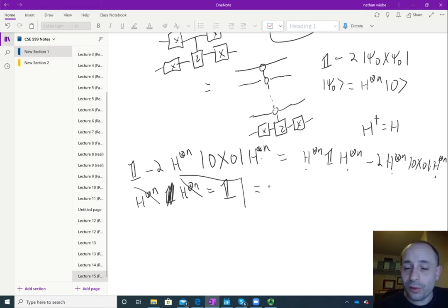So this is the same as Hadamard tensor n, identity minus twice projector onto 0, Hadamard tensor n.